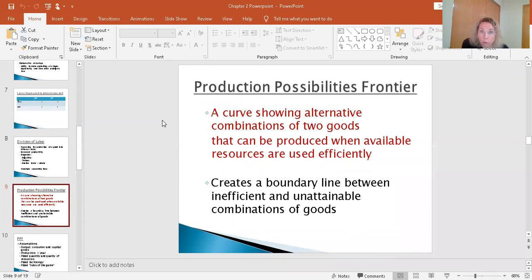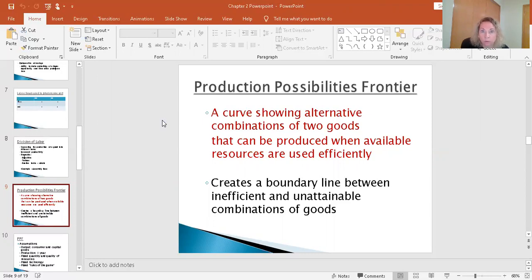It is a graphical representation, so it's on a graph, of all the goods and services that an individual, country, region, etc., can produce using the current pool of resources that they have.